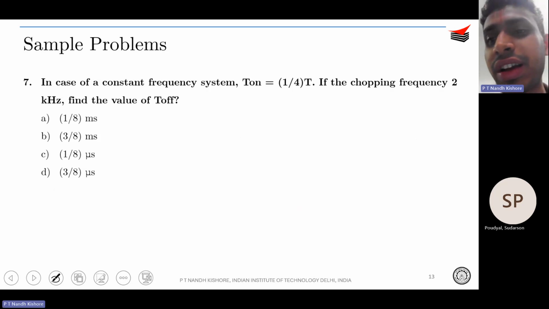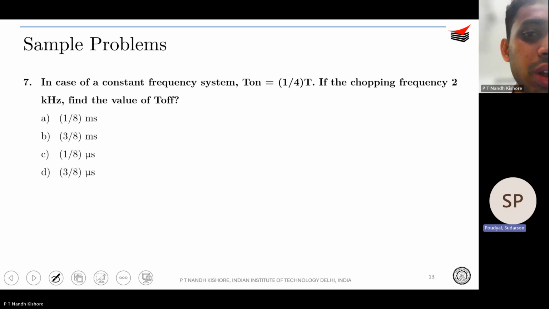Okay. So this is a kind of question with DC-DC converters. In case of a constant frequency system, T on is 1/4 of the time period. If T is your entire time period, T on is 1/4. If the chopping frequency is 2 kilohertz, find the value of T off. So they have given Fs as 2 kilohertz, from which you can understand that your T, capital T, is going to be 1 by 2 kilohertz, right?